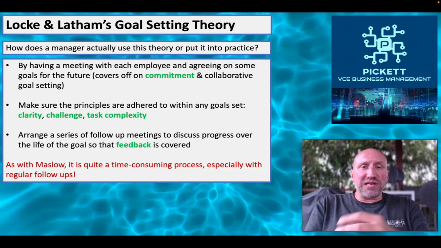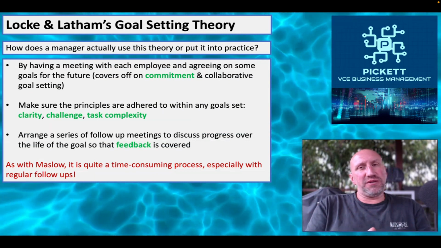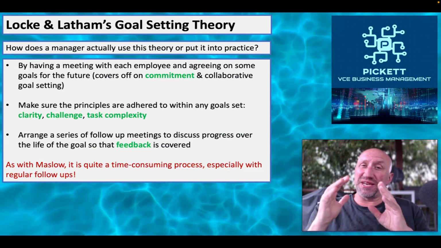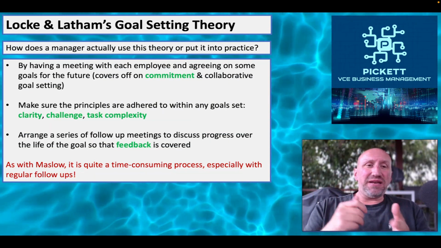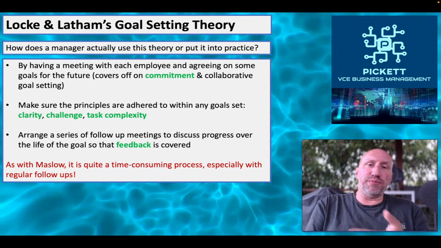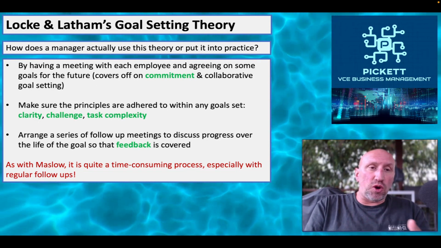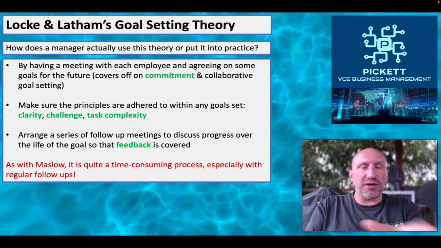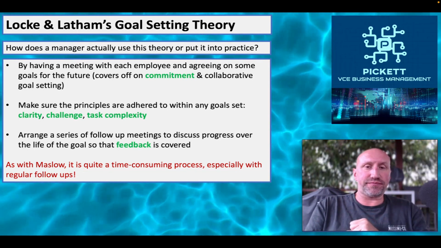How does a manager actually use this? A little bit like what we did with Maslow. Once we have an understanding of the theory, how does the manager actually do it? Now, again, having a meeting with each employee and agreeing on some goals for the future. So this covers off on the commitment and the collaborative part of it.